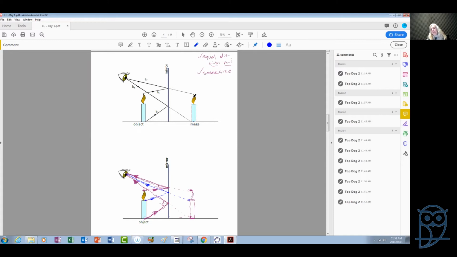The rays behind the mirror are not real, they are virtual. That's why they are dotted. But these real rays help us to see where the rays from the corresponding point of the actual object have fallen on the mirror and have been reflected. And this trick, we do it just to help us draw the ray diagram from a mirror, okay?